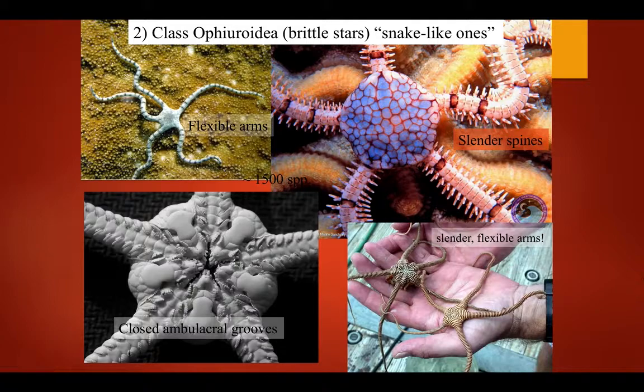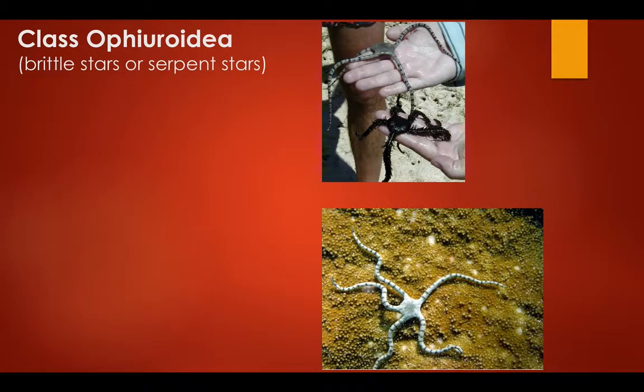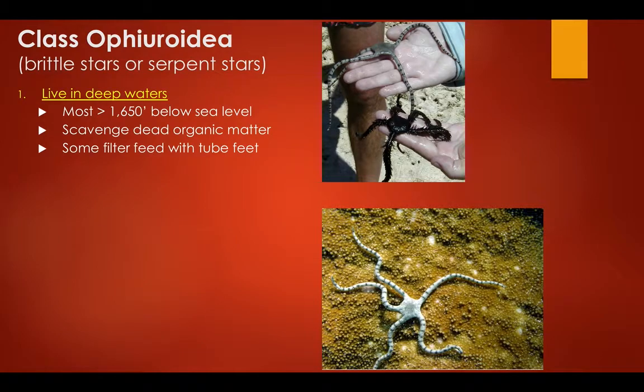All right, next we have the class Ophiuroidea. These are our brittle stars. This translates more or less to snake-like ones. This is because their arms are very movable, flexible, and they kind of look like a bunch of snakes when they're moving around. So the class Ophiuroidea, they live in deep ocean waters, usually about 1,600 feet below sea level.